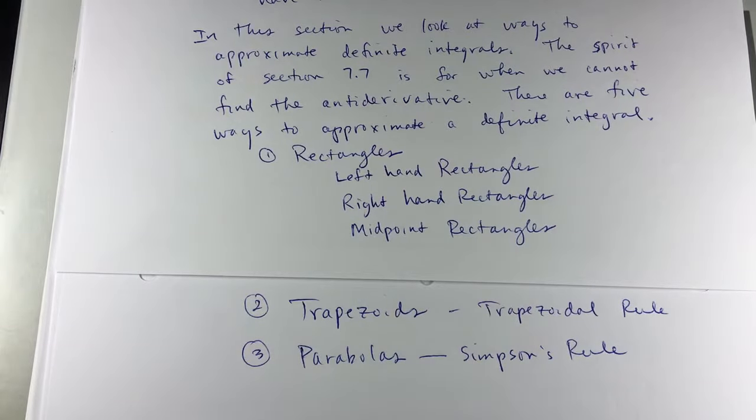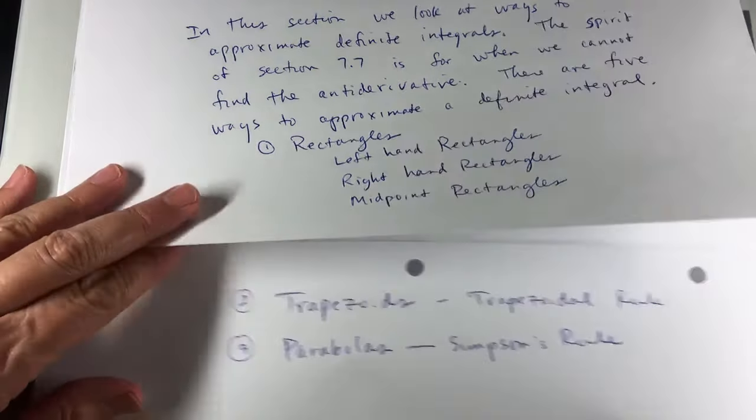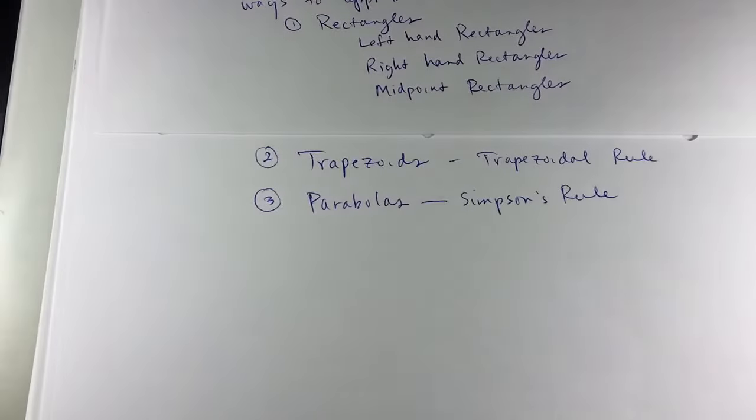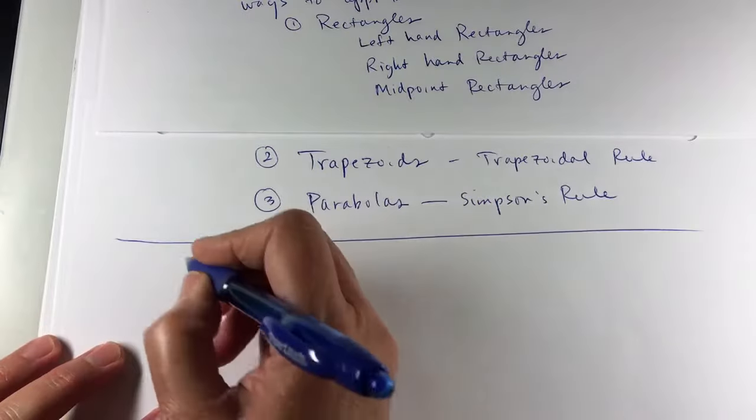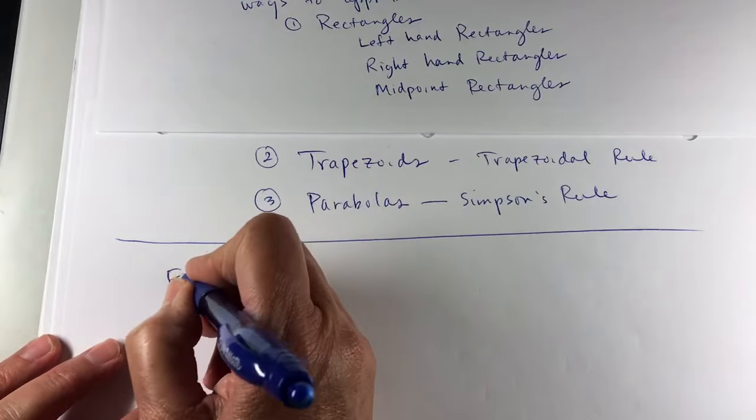And I'm going to work some problems of each type for you. For this, I'm going to consider the graph of y equals x squared plus 3. Now, this is a nice looking parabola. This is one I could do the antiderivative of, but I like to show this one because it's easy enough to work out for students to get an understanding of what's going on. So I'm going to say this.